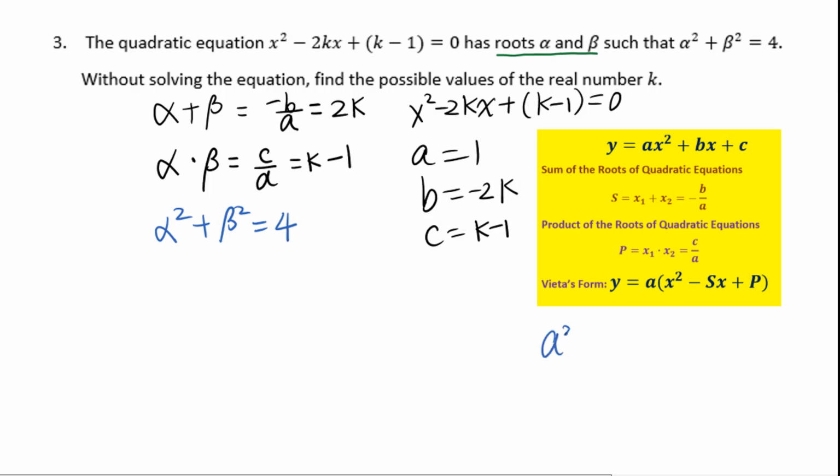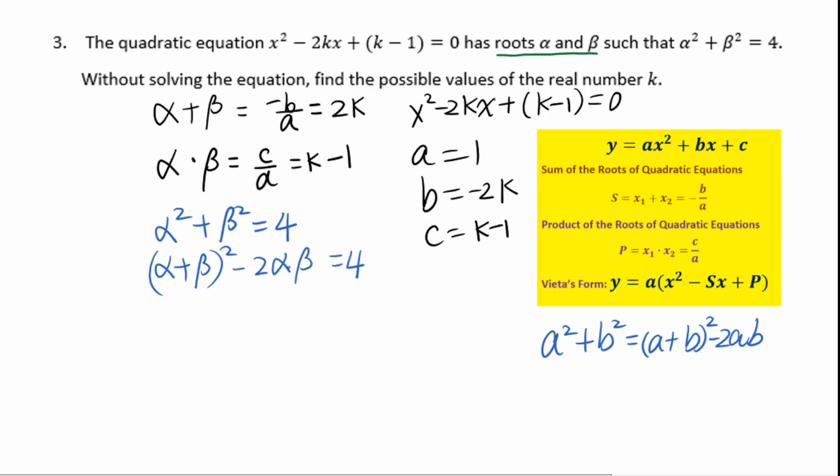According to the formula, a squared plus b squared equals a plus b squared minus 2ab. We can write down alpha plus beta squared minus 2 alpha beta equals 4.